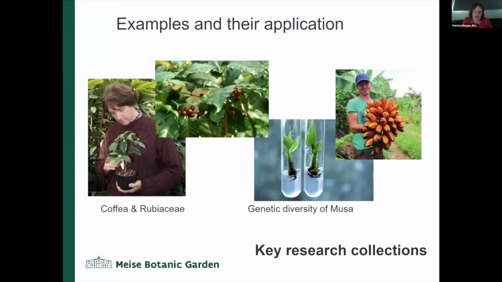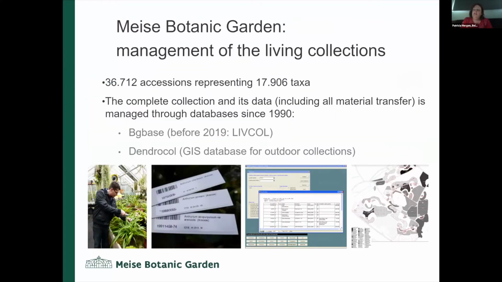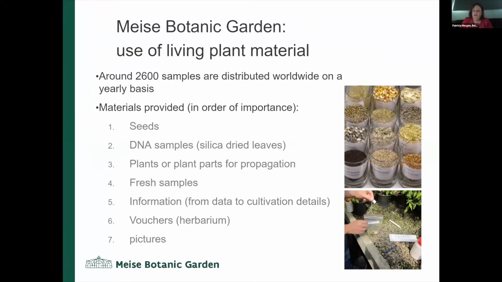And these databases enable us to do exchanges with different communities, and we get requests for materials, for seed, DNA samples, plant parts for propagation, also fresh samples, sometimes just for information, sometimes coupled with a request for herbarium specimens, and also for pictures of the plants.